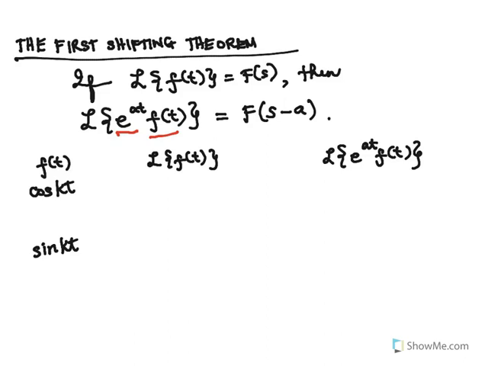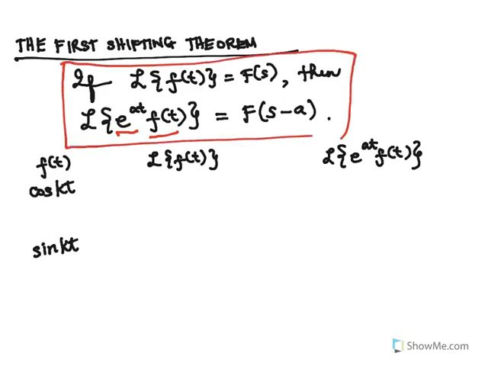Now, if we consider the function inside the Laplace transform to be of the form e to the at times f of t, where a is a constant, then using the first shifting theorem, this theorem states that if Laplace transform of f of t is equal to capital F of s, then the Laplace transform of e to the at times f of t is equal to capital F of s minus a, which only means that the Laplace transform of this form of a function is just the same as the Laplace transform of f of t.